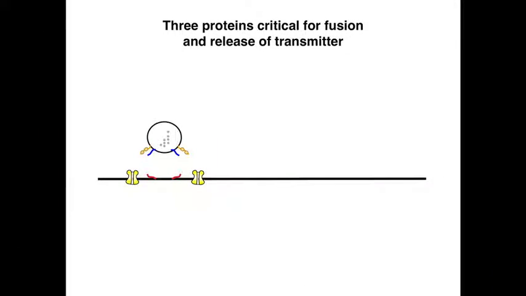Okay, there are 3 proteins critical for fusion and the release of transmitter. The first one I'm going to show you are the voltage-gated calcium channels, but that's not one of the 3, but of course it's very important. The first one is the snares in the axon terminal, shown as little red lines here. These are actually a complex complement of proteins, but we're just going to bundle them together and refer to them as snares.